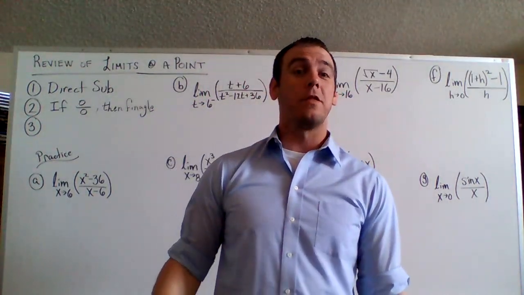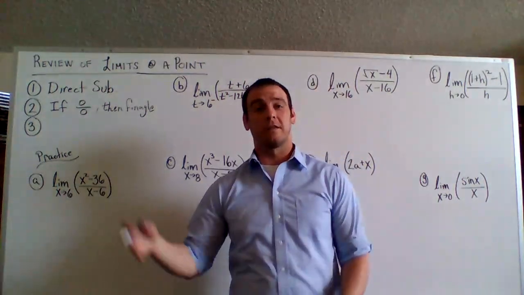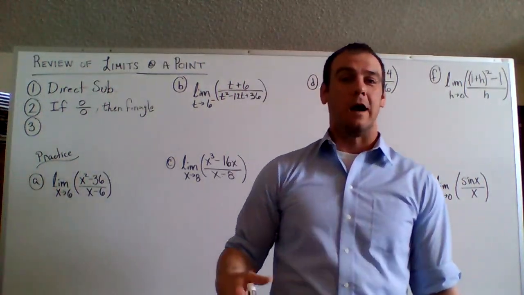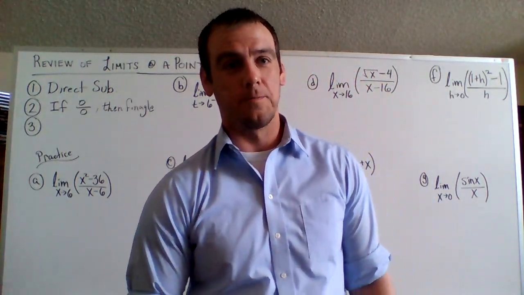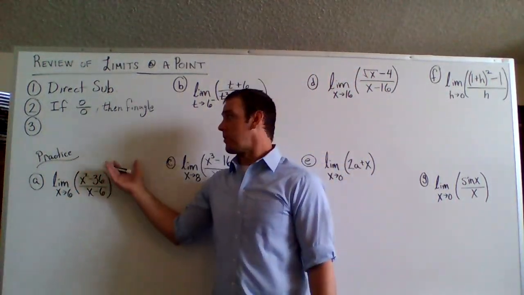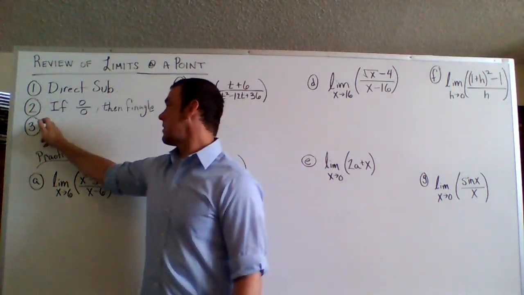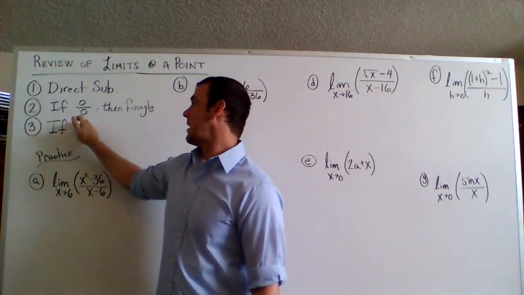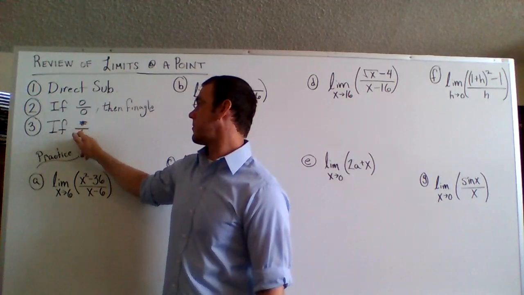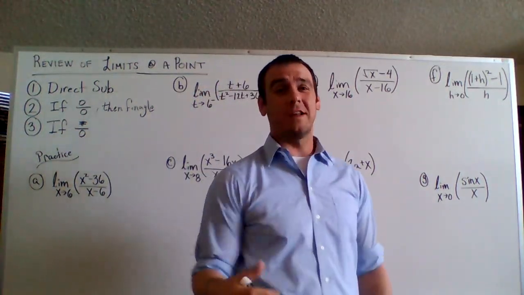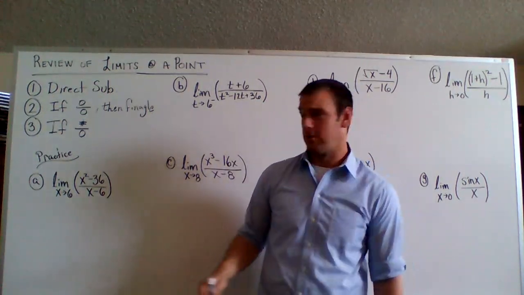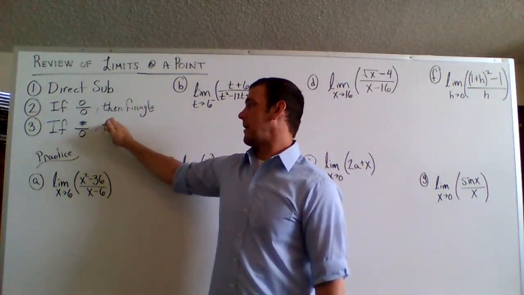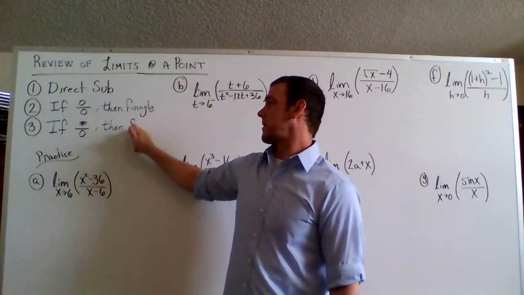Once you finagle it, stuff cancels. Then you can go back to direct sub and you're going to get an answer that usually works out. The third one is that you could get a number divided by 0. Remember, if you get a number divided by 0, this is going to be a vertical asymptote. So what you're going to have to do then is sign analysis.